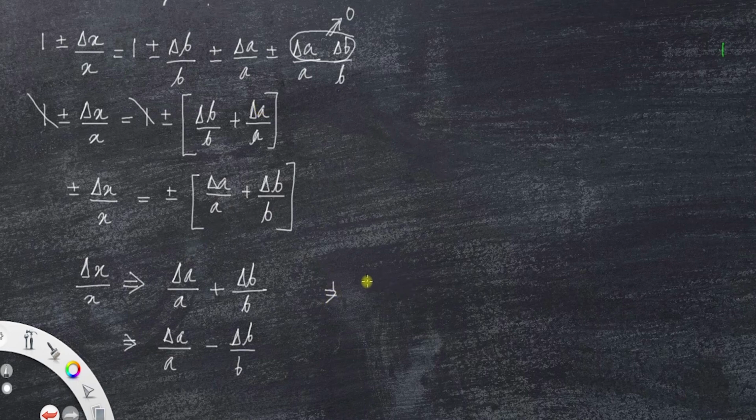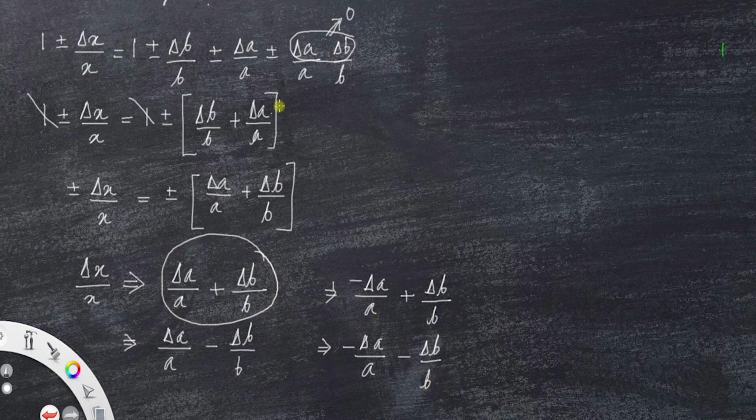Now minus delta a by a plus delta b by b, minus delta a by a minus delta b by b. So these are the 4 possible cases. Of these, one has the maximum possible error. So we say the fractional error, this is not the absolute error itself, this is called the fractional error or the relative error. The maximum relative error in x is equal to the maximum relative error in a plus the maximum relative error in b.